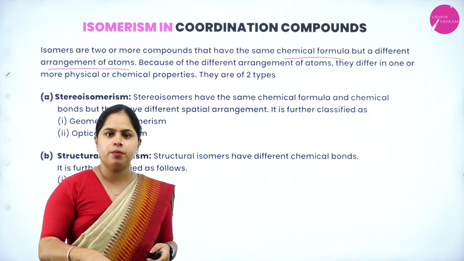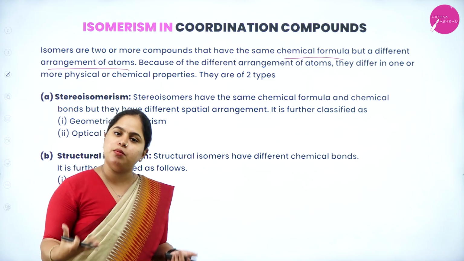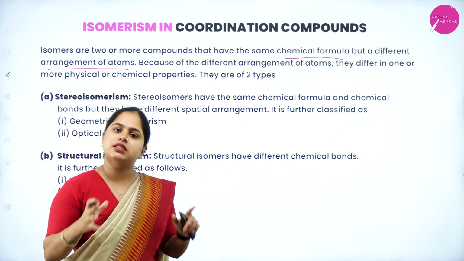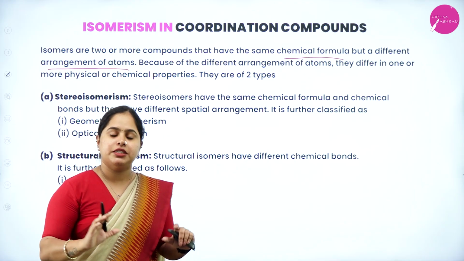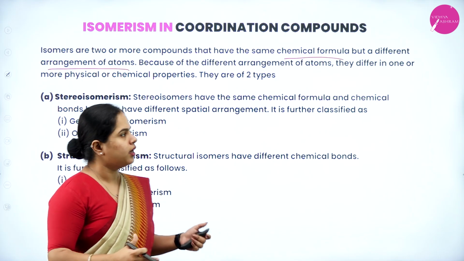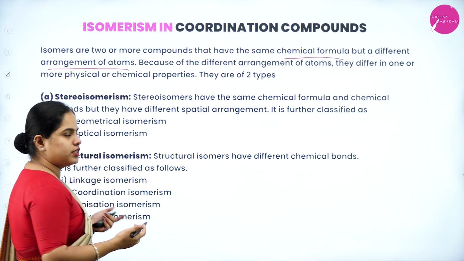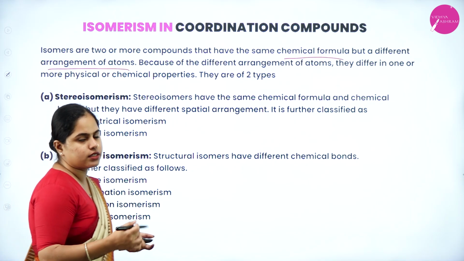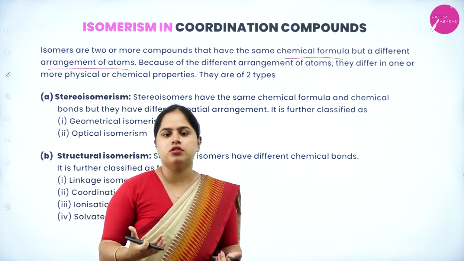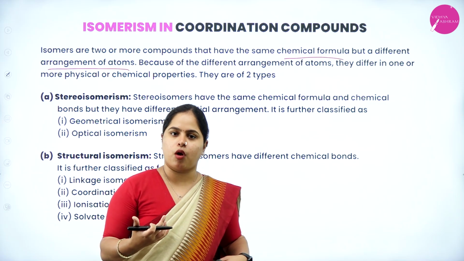These compounds will have the same molecular formula, that means the same number of atoms will be present. It's just the arrangement of the atoms that will be different. Because of the different arrangement, they differ in one or more physical and chemical properties. Of course, they are different compounds having different physical and chemical properties.